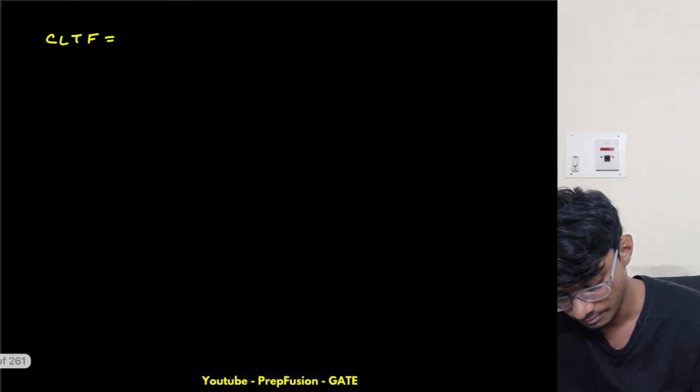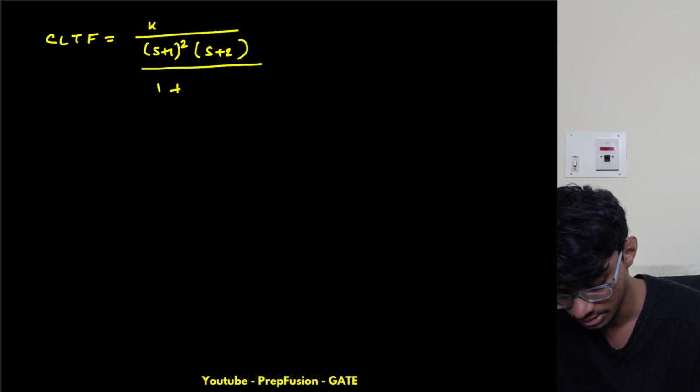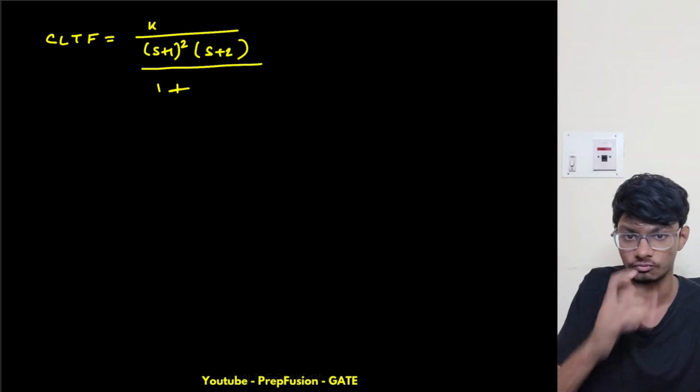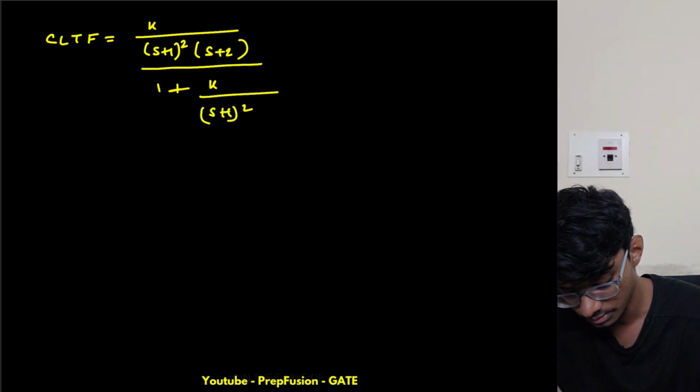It is unity feedback, so H is 1 only. So K by s plus 1 whole square into s plus 2, divided by 1 plus GH of s.